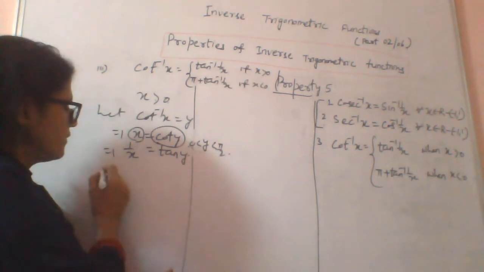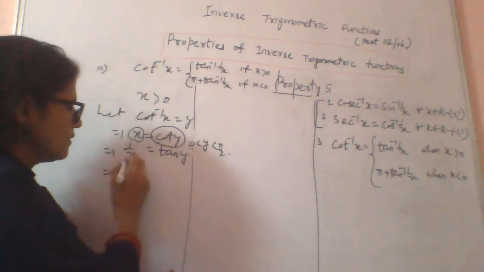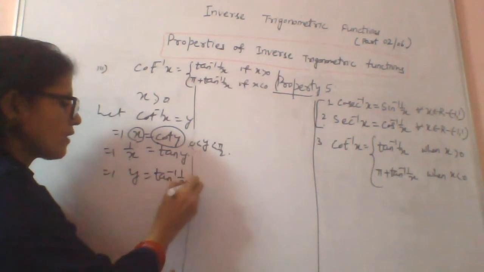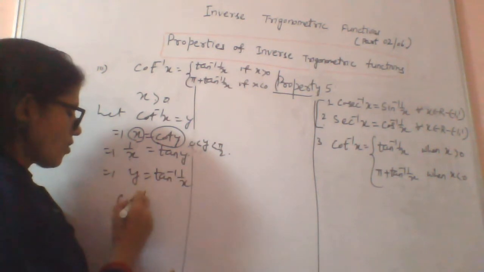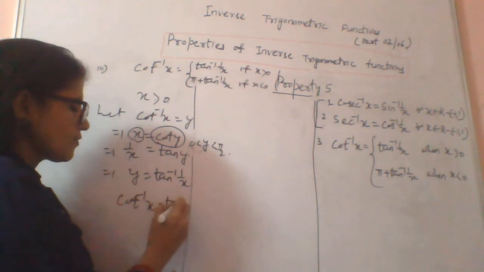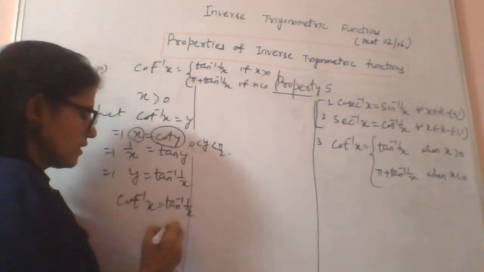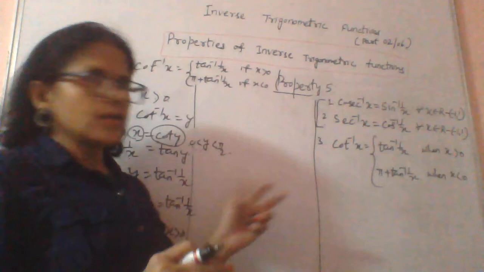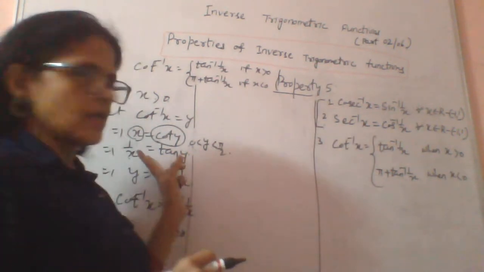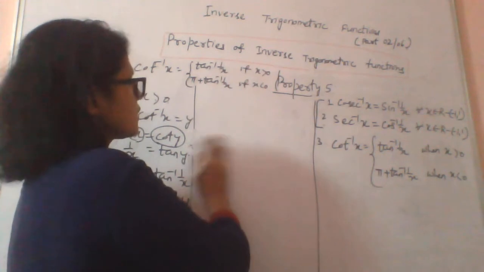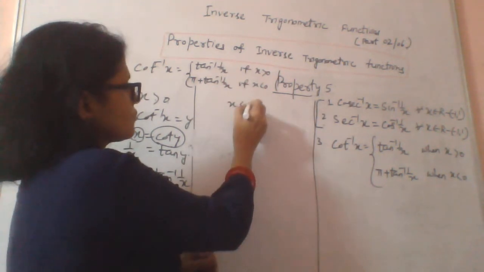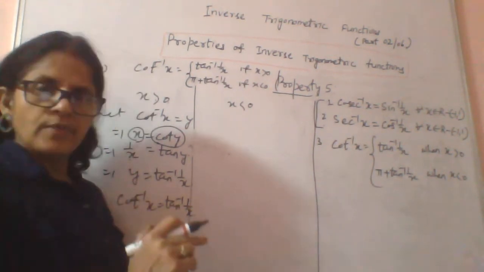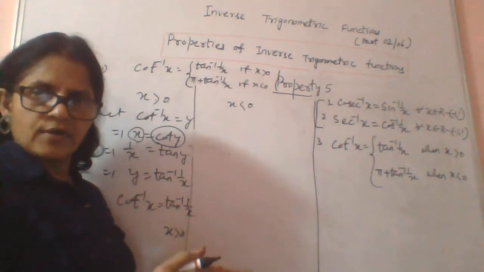Basically first quadrant. Now 1 by x equal to tan y means y is tan inverse 1 by x. Y means cot inverse x, that is equal to tan inverse 1 by x. Here x greater than 0. Okay, so is it clear? Just like the other two parts, this part is like that. Now let's come to the second case, case 2, when x less than 0. If x less than 0, it means you might have the angle in second quadrant, right?